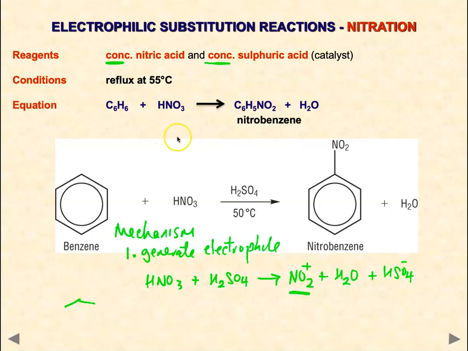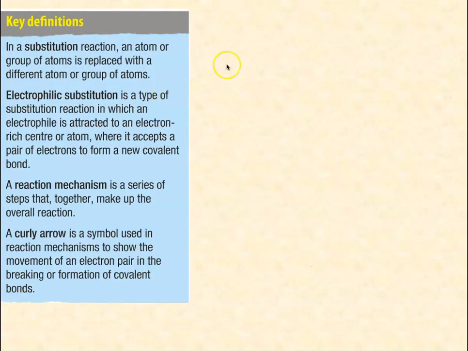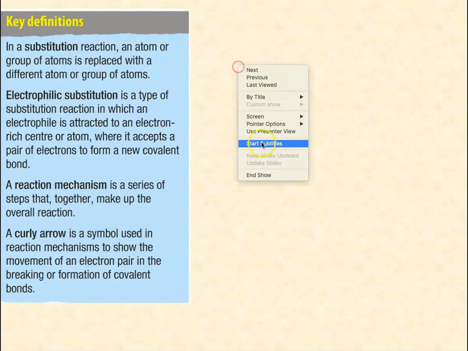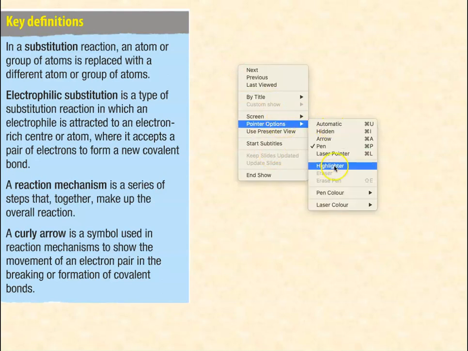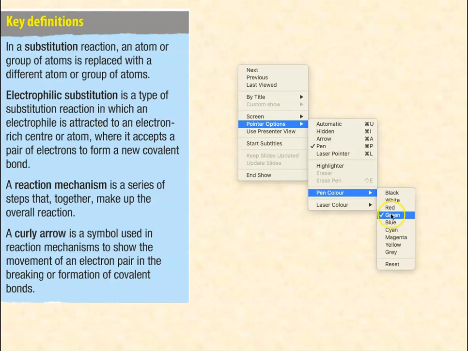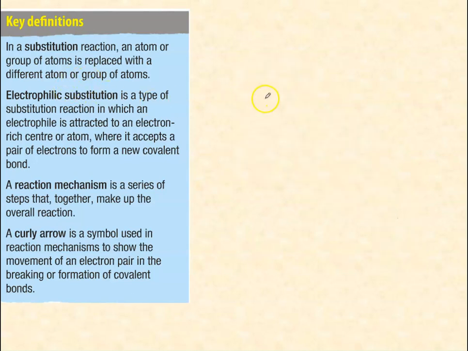So I want to do the mechanism on this slide then. So get my pen again. Pen color, I'll use green. So here's my benzene ring. An arrow from the circle goes towards NO2+.